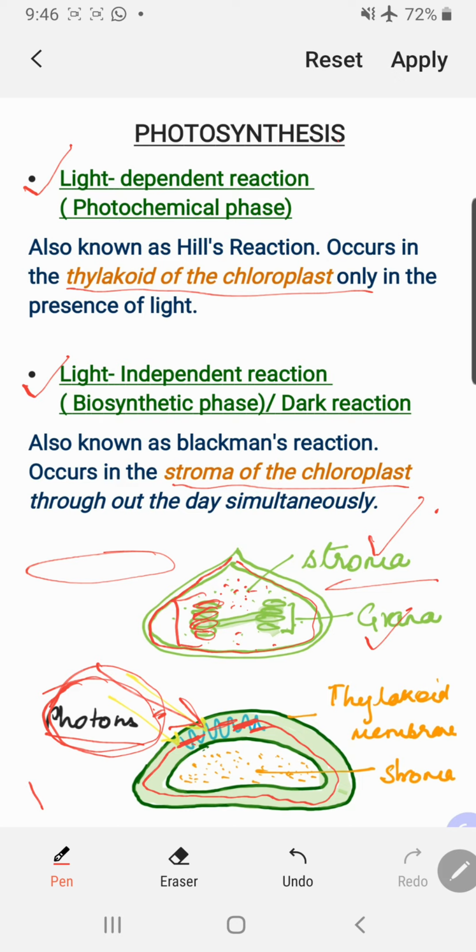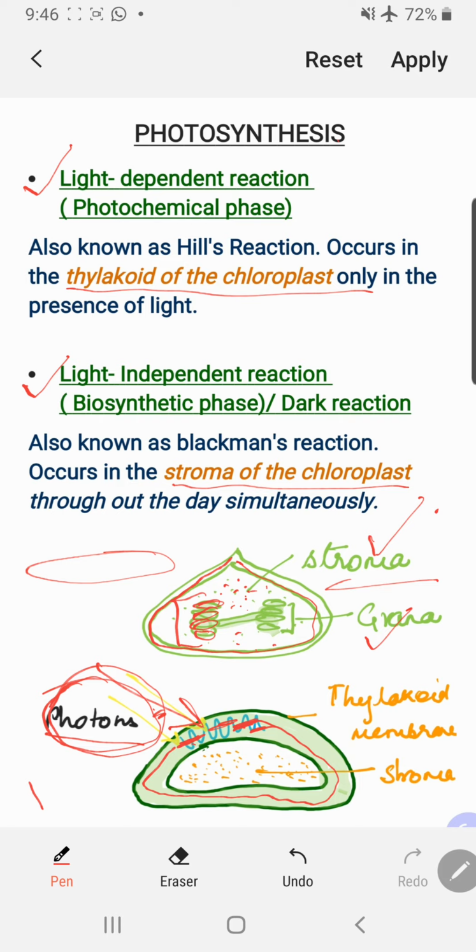Right, children? Apart from this, some extra knowledge. Just understand that during photosynthesis, only the visible light is utilized out of all those electromagnetic radiations. Only the visible light, you people must be knowing VIBGYOR, that means a range of violet to red, right?